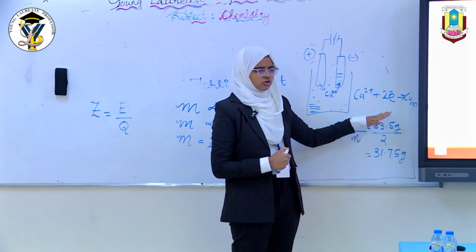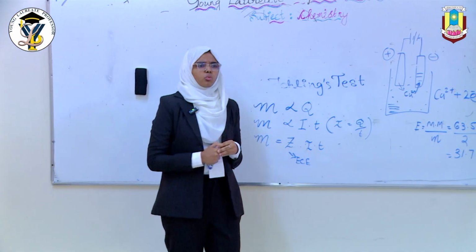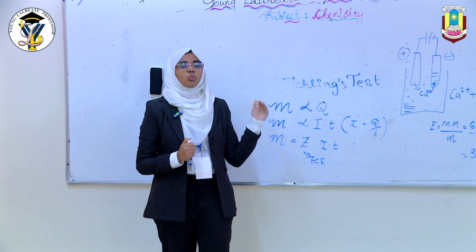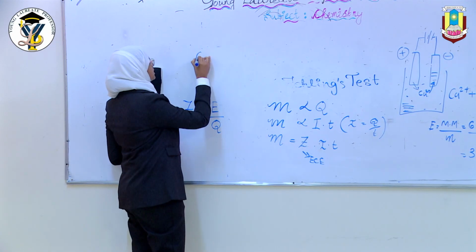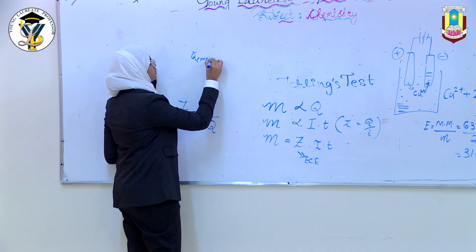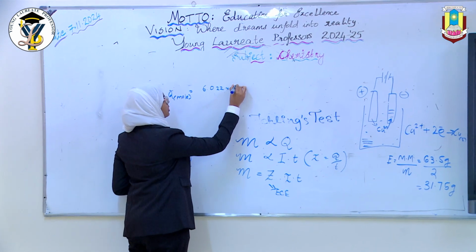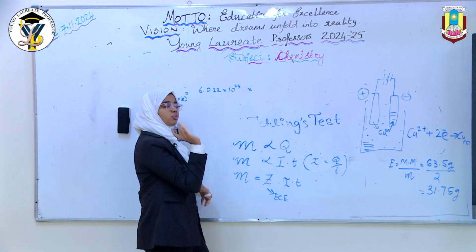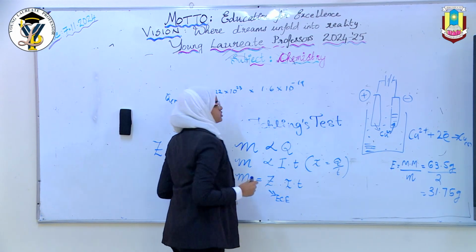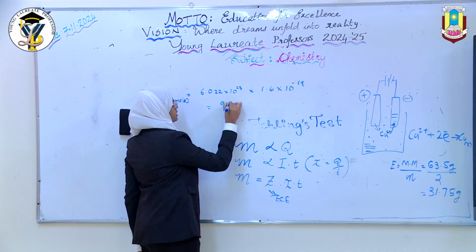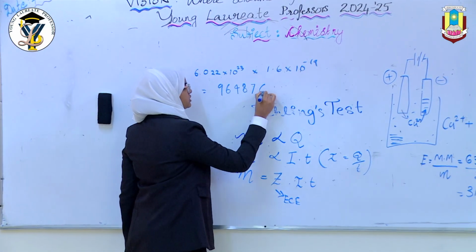Since we are talking about moles of electrons and moles of ions and copper, how much charge do you think 1 mole of electrons has? We can calculate that as Avogadro's number into the charge of 1 electron, which is 1.6 into 10 raised to minus 19, which will give us 96,487 coulombs.